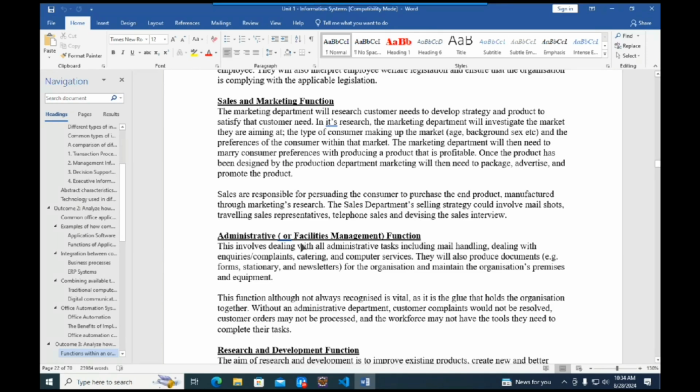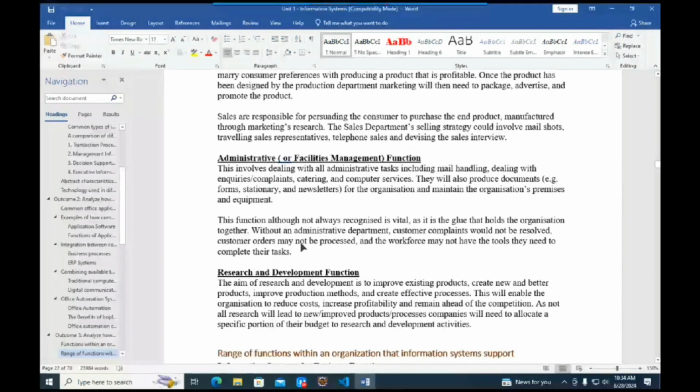Then we have the administrative or facilities management function that deals with the tasks involved in administration, including handling mail, dealing with inquiries and even complaints, catering, and even computer services. They are going to produce documents, for example, forms, stationery, and even newsletters to enable the organization, and also maintain the organization's premises and equipment.